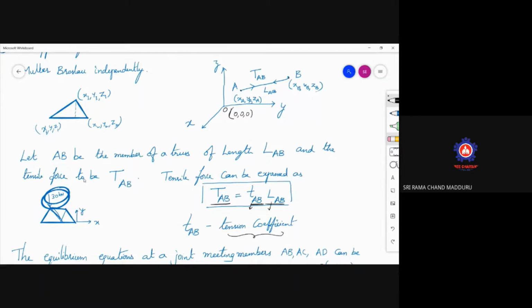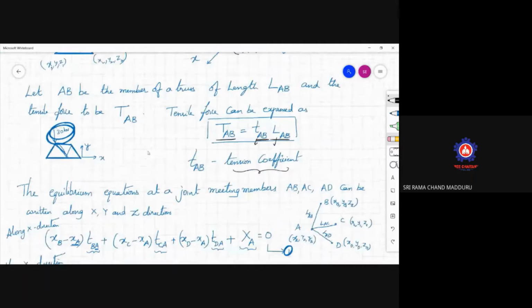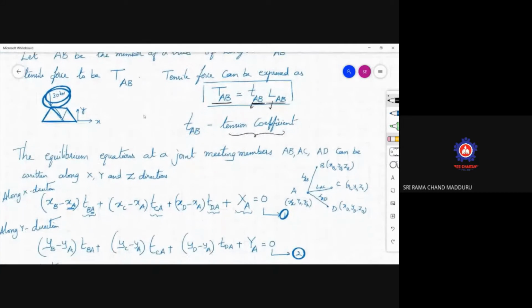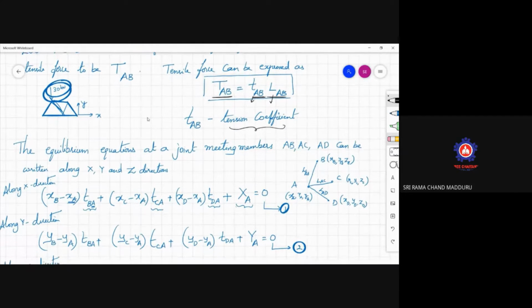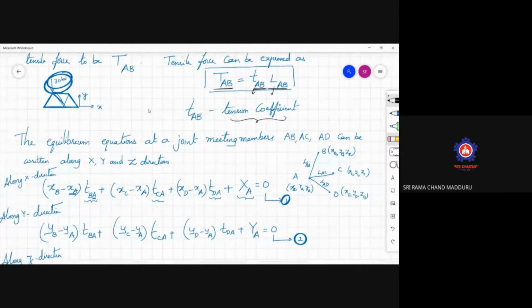We'll see that. Now, at every joint, we will write down the equilibrium equations. We discussed these points in the last class, that's why I am moving a little early.